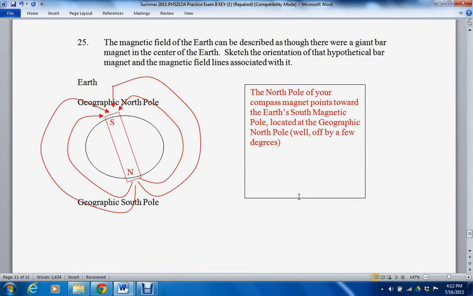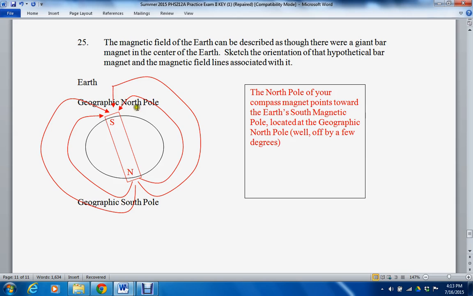All right. The magnetic field of the Earth can be described as though there were a giant bar magnet in the center of the Earth. If we drew that, we would remember that the compass that I'm holding in my hand is a magnet with the north pole of my compass being attracted to what we call geographic North Pole, which must then be a magnetic South Pole.